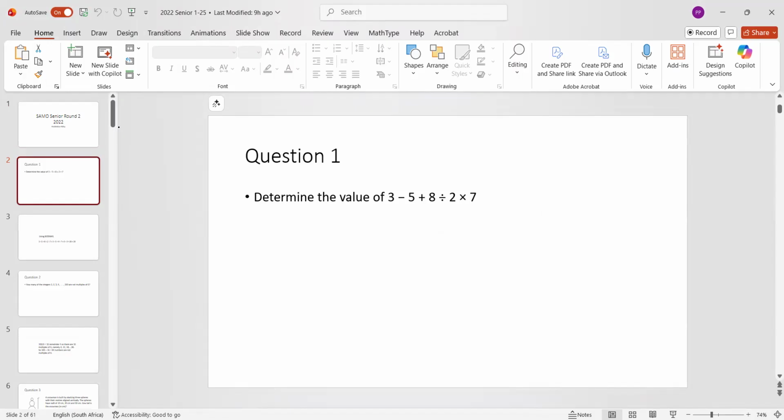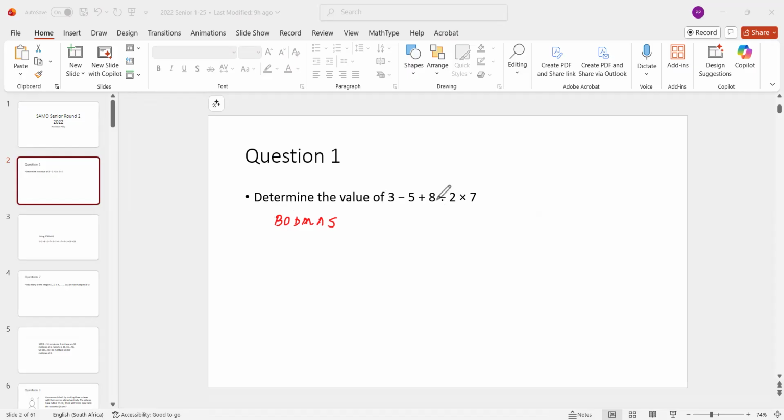Right, the first one is very simple. All it does is just testing BODMAS. And you will see division and multiplication.